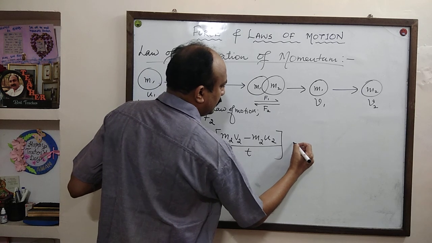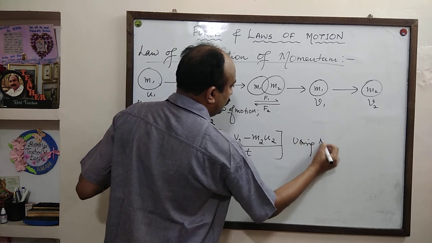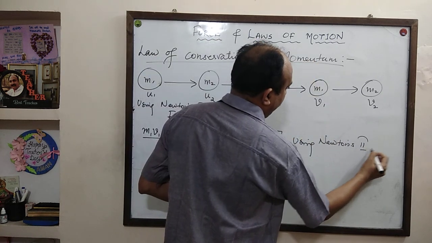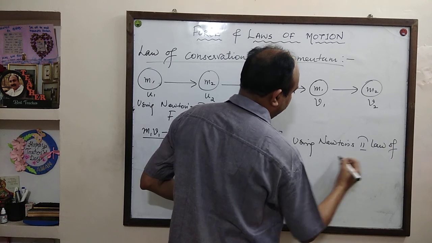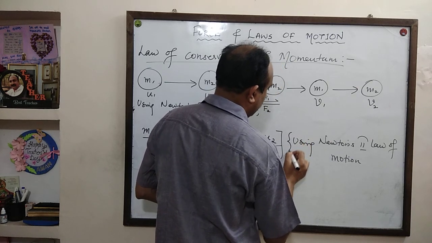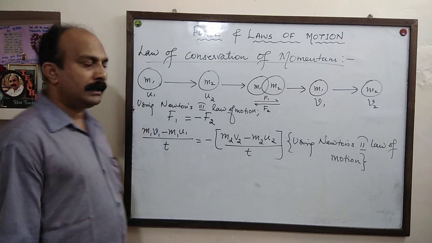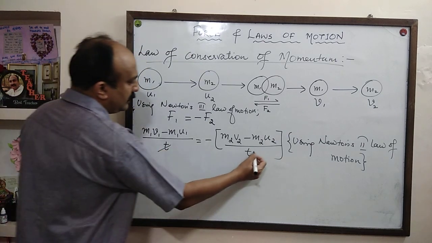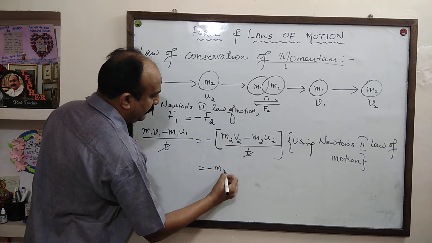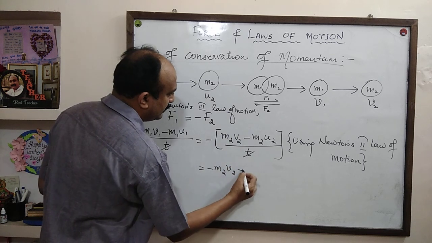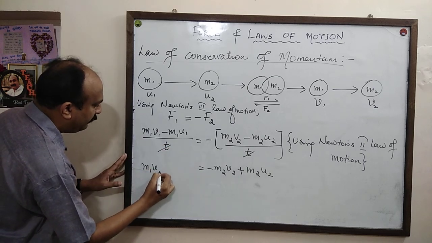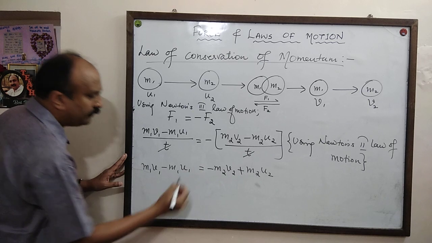Here you can write using Newton's second law of motion. Okay. Now this t and t got cancelled. Open the bracket. There is a minus sign outside, so it is minus m2 v2 plus m2 u2. Here we have m1 v1 minus m1 u1.